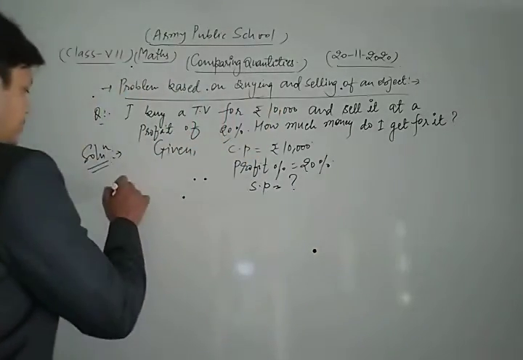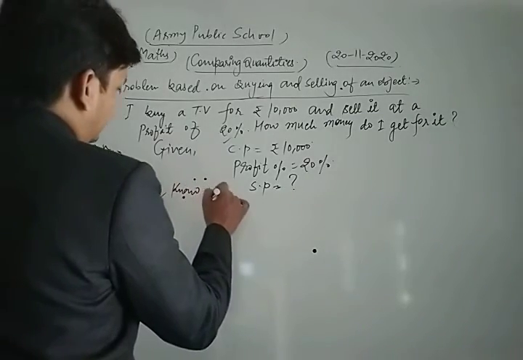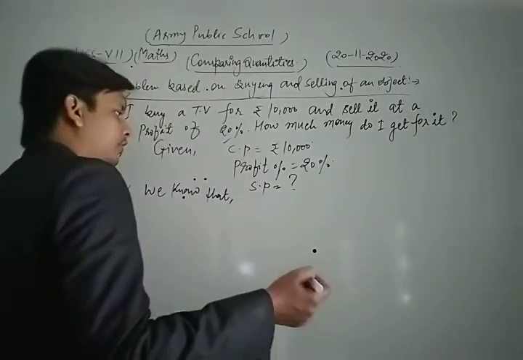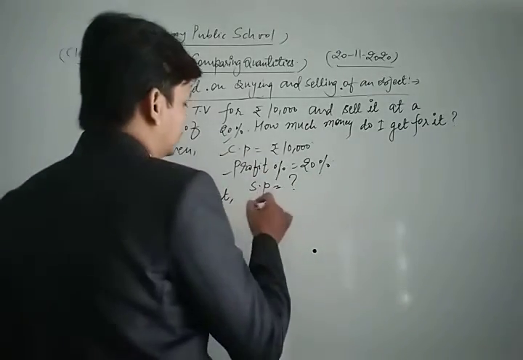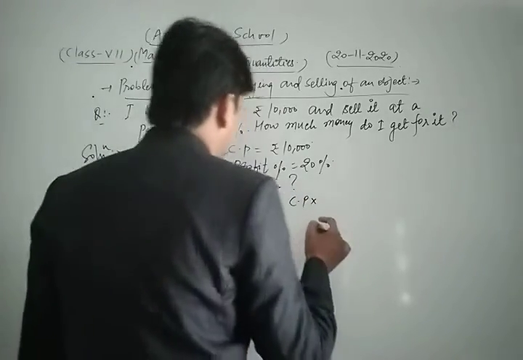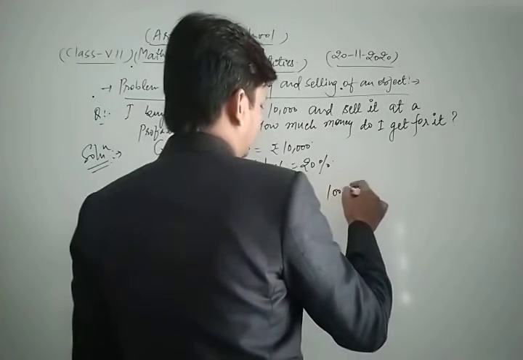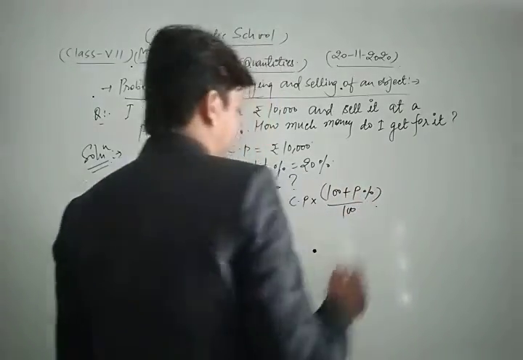Now let's see, since we know the formula for the selling price when cost price and profit percent are given, which I just discussed. The formula for the selling price is cost price into (100 plus profit percent) upon 100.